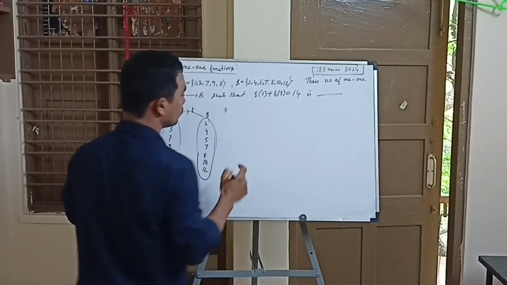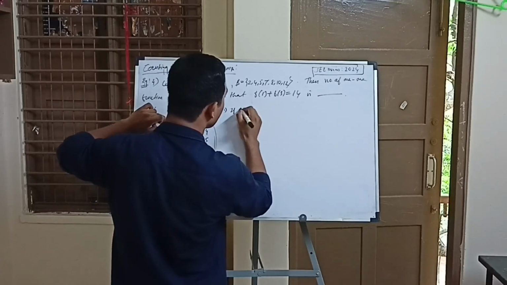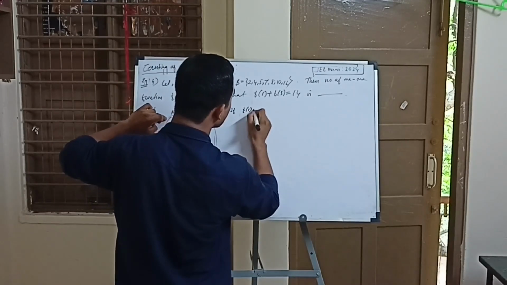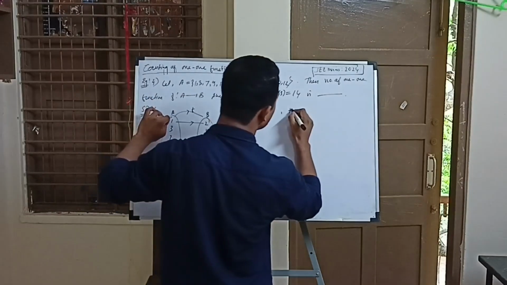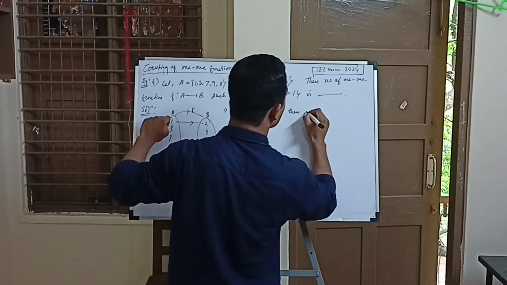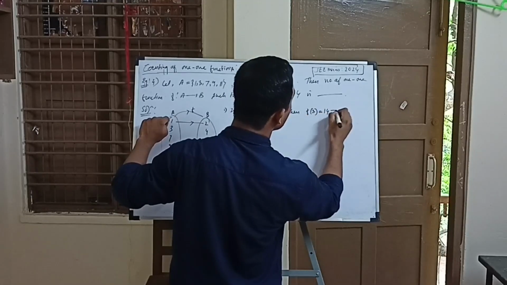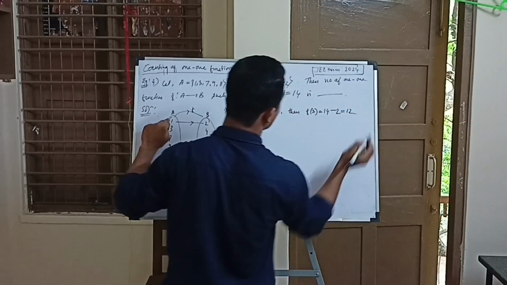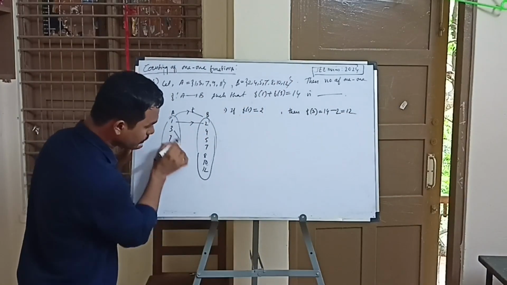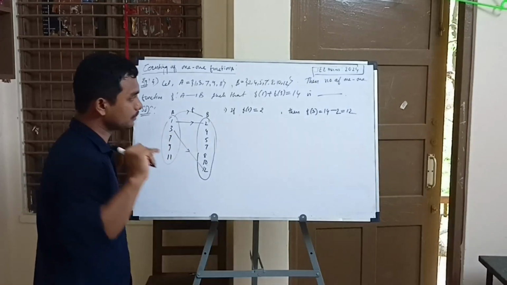Okay, case 1. If f of 1 is 2, then f of 3 is 14 minus 2, which is 12. Then f of 3 maps to 12. Correct?